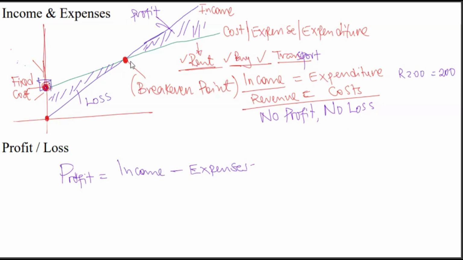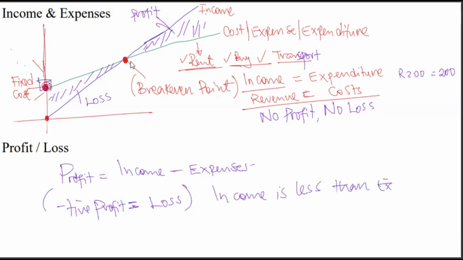So if you get a negative profit, equals to what we call what? A loss. When could a loss happen? When income is less than the expenditure.